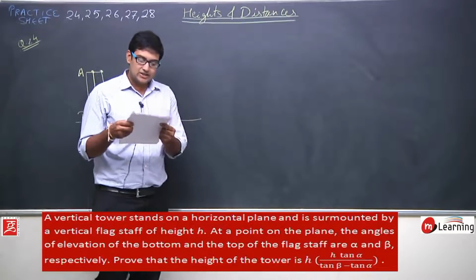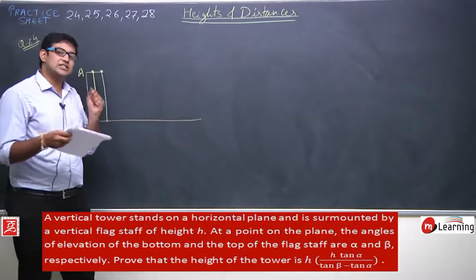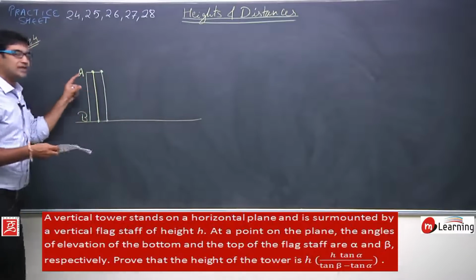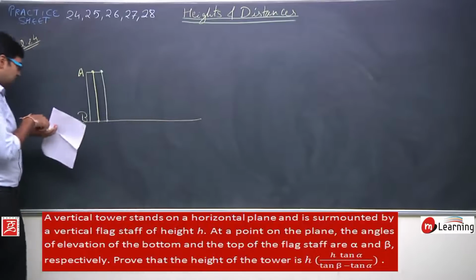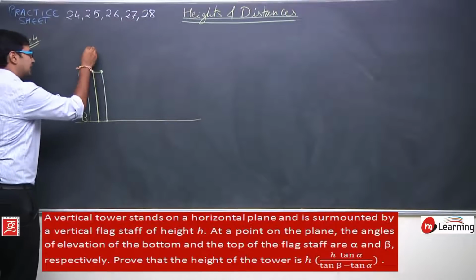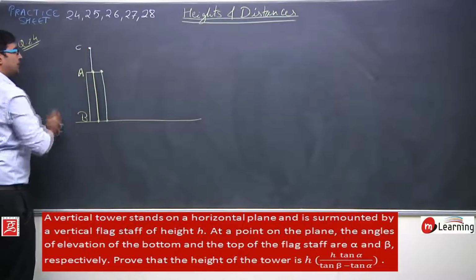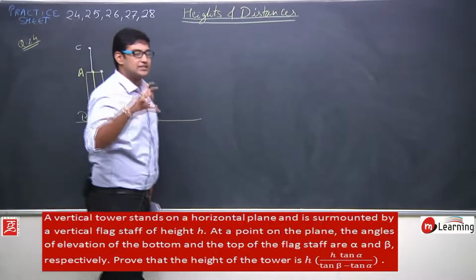Further it says this vertical tower is surmounted by a vertical flagstaff of height h. So on this tower there is a vertical flagstaff of height h. This is the vertical flagstaff. Let us say this is C point. So AC represents the vertical flagstaff.